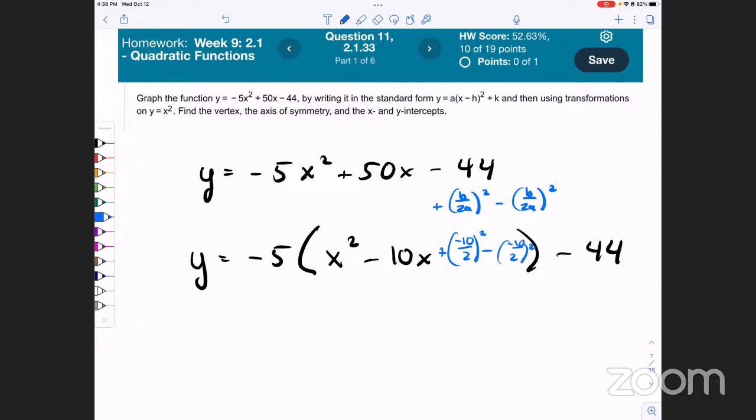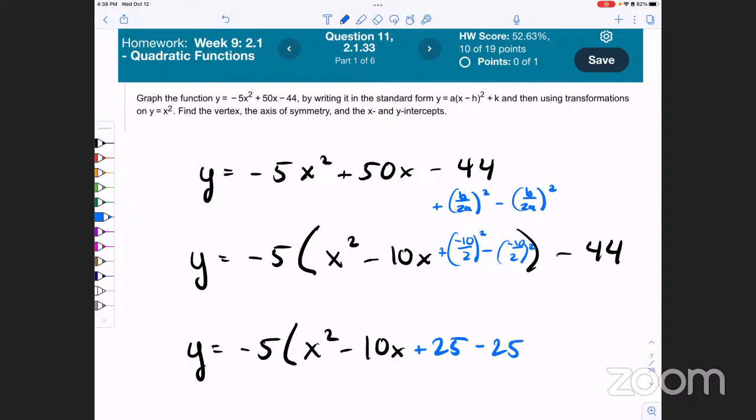So we're adding 0 in this form of -10/2 squared, right? So then this gives us y equals, we got this -5, we got this x squared minus 10x. So then -10 divided by 2 is -5 squared. So we're basically doing plus 25 and minus 25.